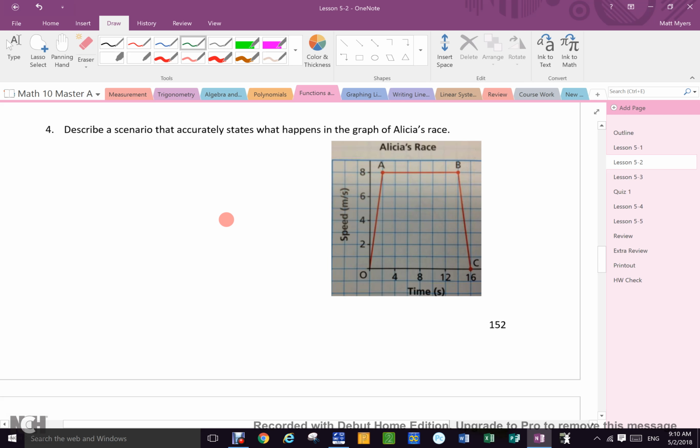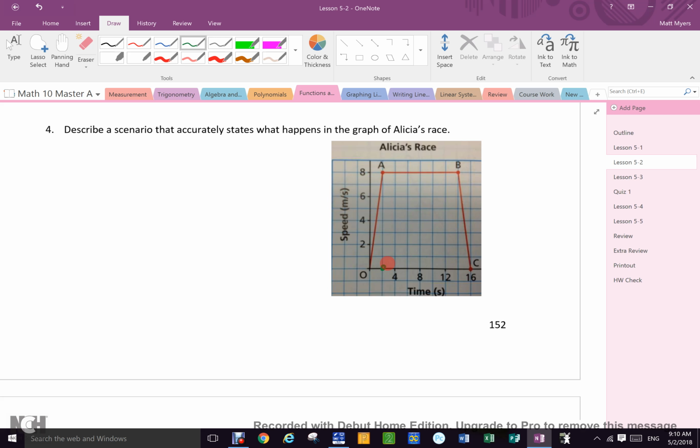It's not a distance-time graph, is it? What is it? A speed and time graph, right? So what happens from 0 to 2 seconds? She's increasing her speed, which we call what? Acceleration, right?